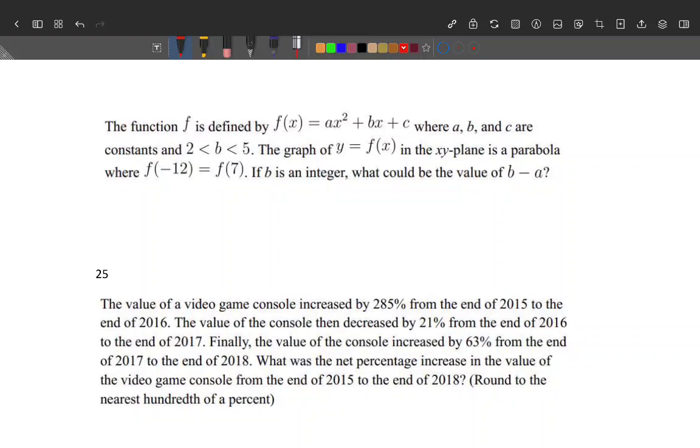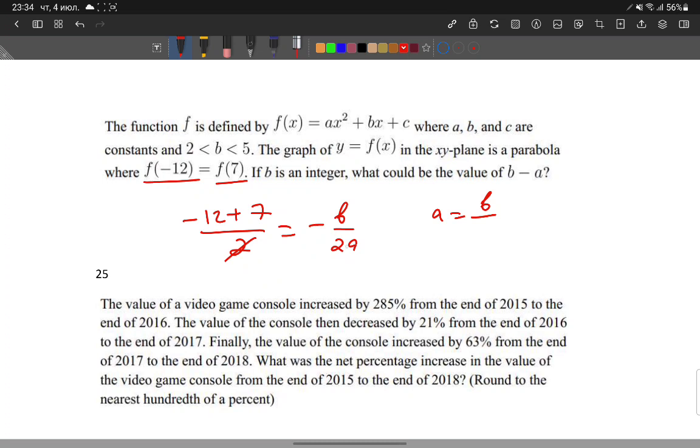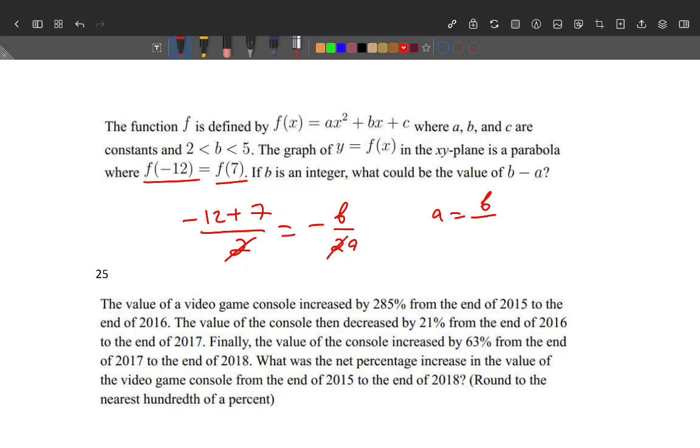This question also, we should apply this, and it's equal to negative b divided by 2a. From here we can find a is equal b divided by... Negative 5.